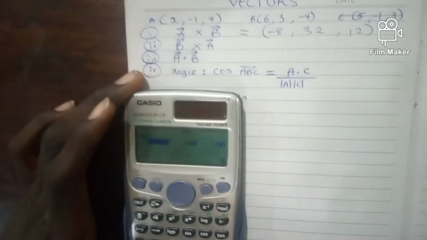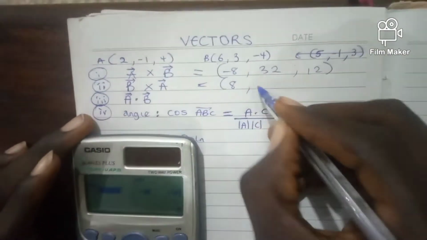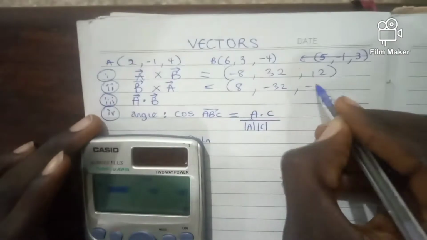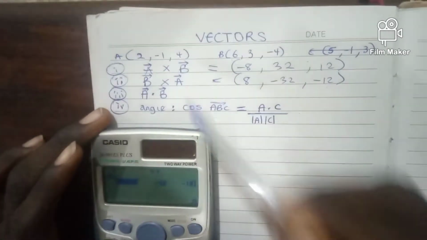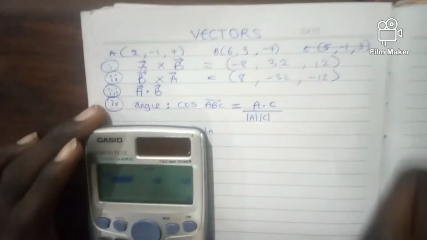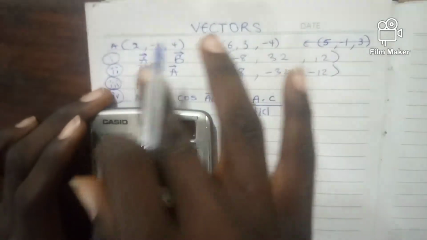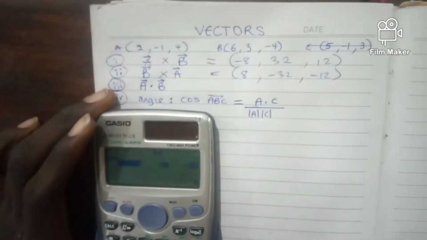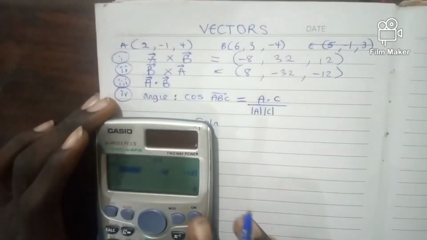Therefore our answer is 8, -32, and -12. If you look closely at the answers for vector A times vector B and vector B times vector A, there are slight differences, which is in the sign. This means we shouldn't, for any reason, put vector A before vector B if we are to multiply vector B times vector A.